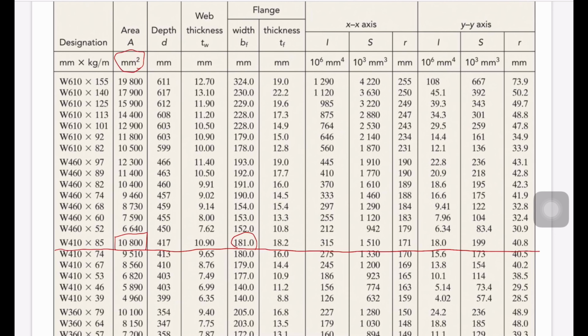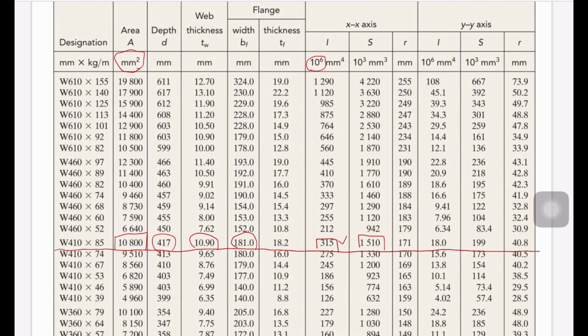This is the web thickness, this depth. Whatever. This is for the x-axis, already calculated for you. I equals 315 times 10 power of 6 millimeter power 4. And this is for S.